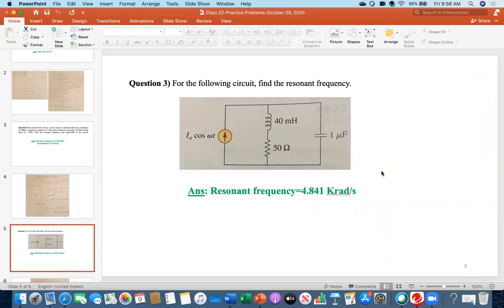In that format, you represent the admittance Y. And then, because you are finding the resonant frequency, the imaginary part should be 0. And then you write imaginary part equals 0. From there, you calculate, and you should be getting this result. So find out the admittance Y for this circuit, the total admittance.